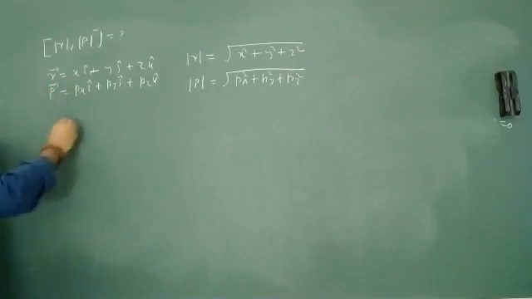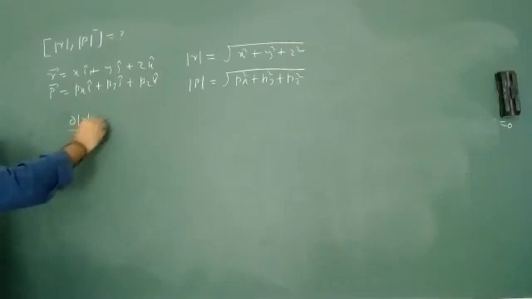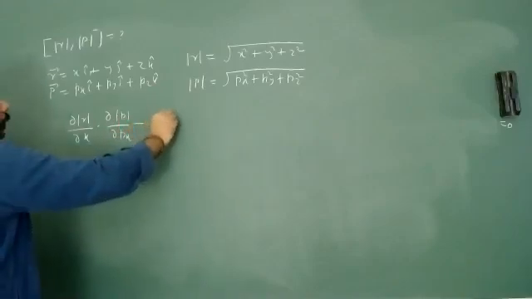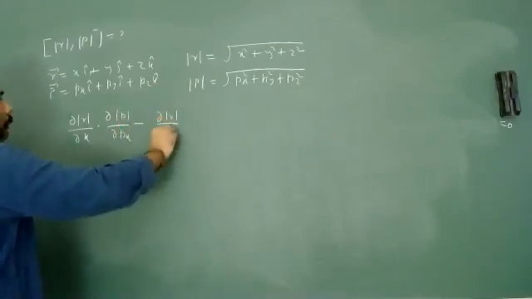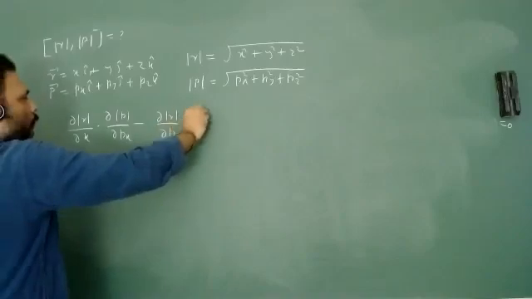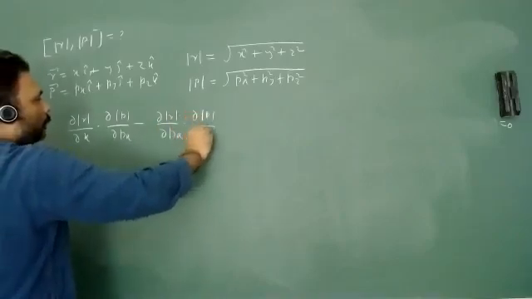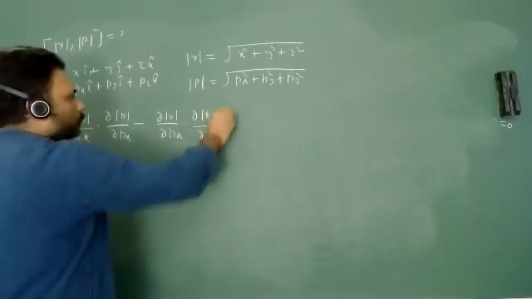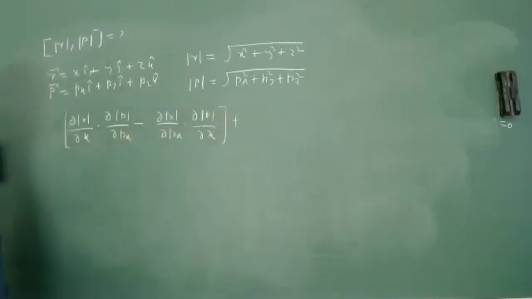So we have del mod r upon del x, del mod p upon del px, minus del mod r upon del px, del mod p upon del x. So this is the first term. And then you will go for the y term.